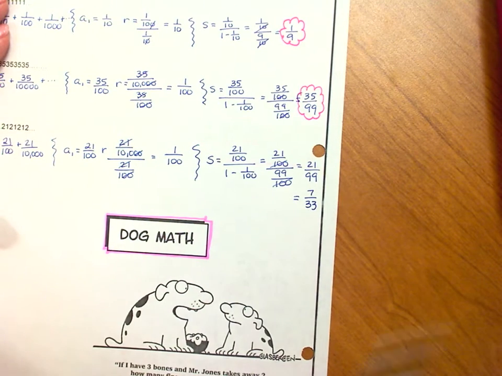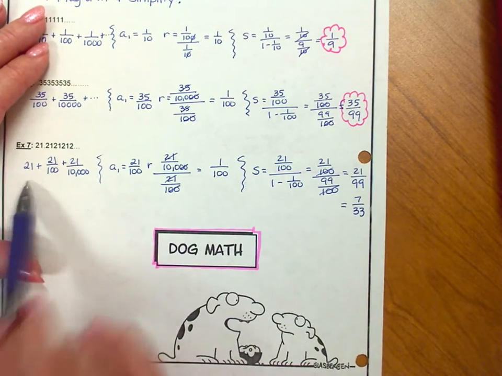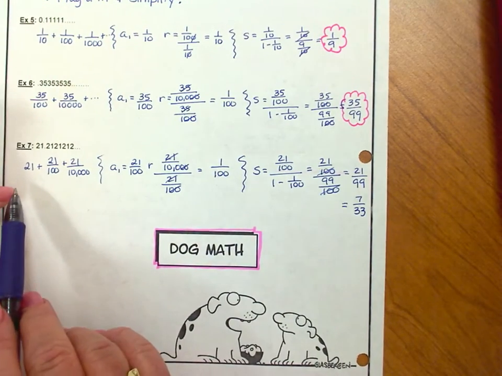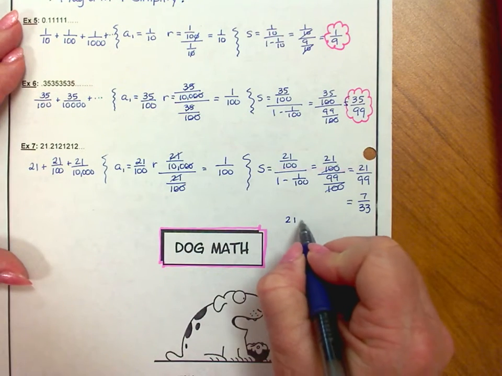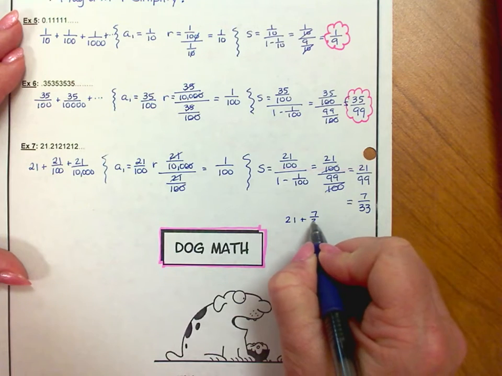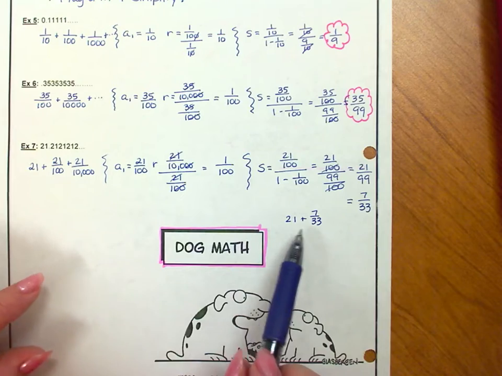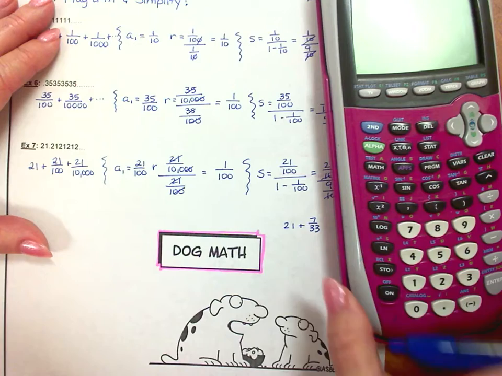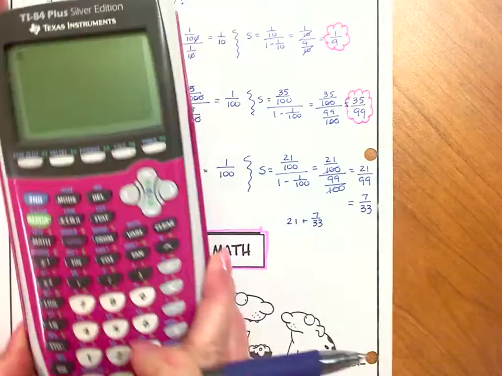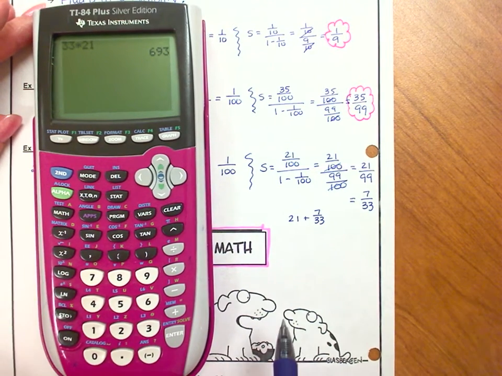Now, remember I said that we still have to deal with this 21 at the end. We've got 21 plus 7 over 33. In order to combine that, we need to change that 21 into 33rds. We're going to do that by multiplying it by 21, so 33 times 21 equals 693.